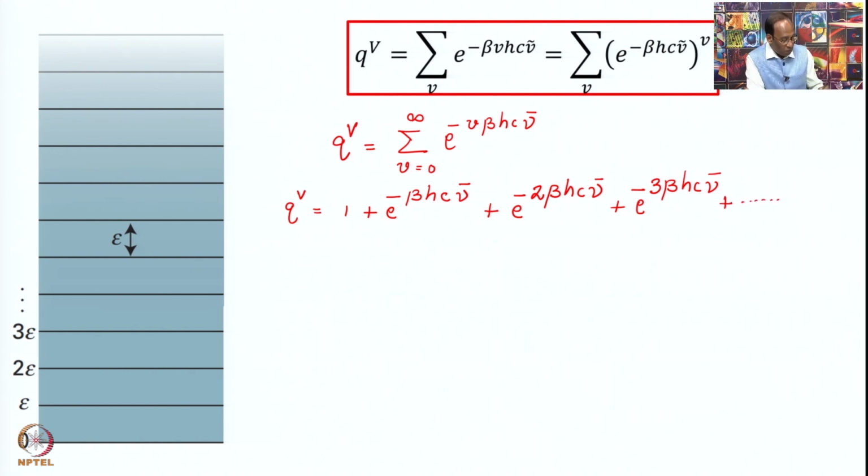Now, let me just give a background. We had EV is equal to V h c nu bar.